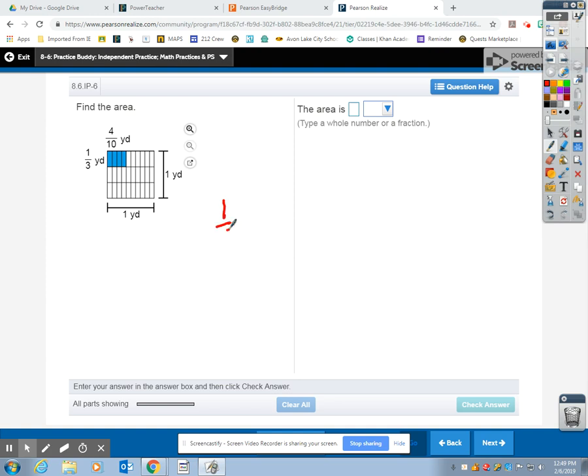1/3 times 4/10 equals 1 times 4 is 4, 3 times 10 is 30. Now, 4/30 can be simplified, and that would come down to 2/15. I'm going to check right now to see if you need to put in 4/30, if that will work.